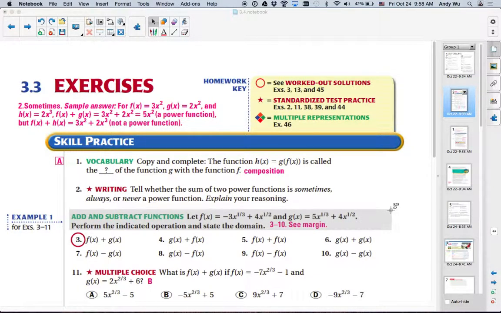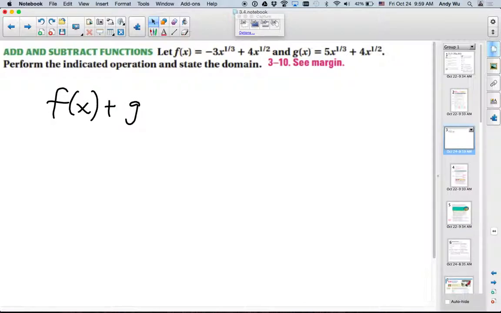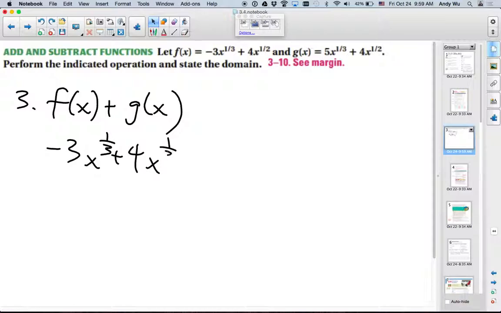Okay, so number 3 is f of x plus g of x. So I have negative 3 x to the 1/3 plus 4 x to the 1/2 plus 5 x to the 1/3 plus 4 x to the 1/2.